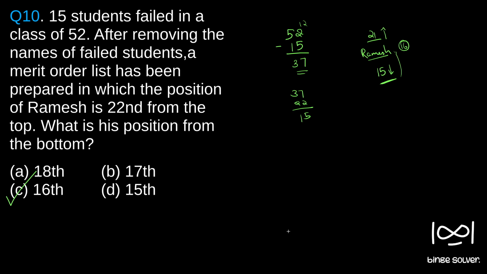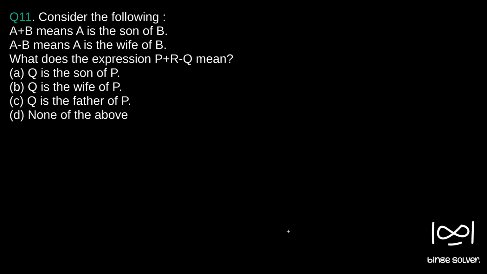Next question, question 11. Consider the following. A plus B means A is the son of B, and A minus B means A is the wife of B. What does the expression P plus R minus Q mean? So we already have some notations to represent the family relationships. So I'm going to use that.